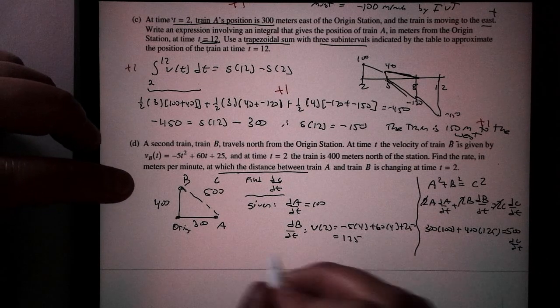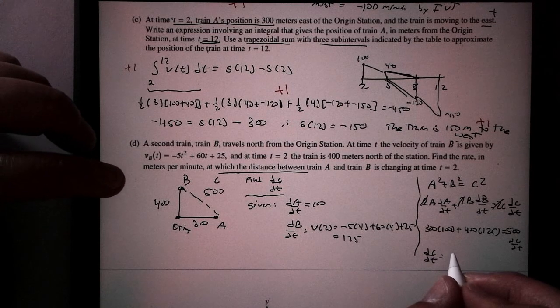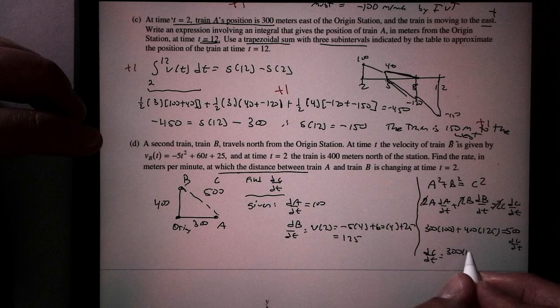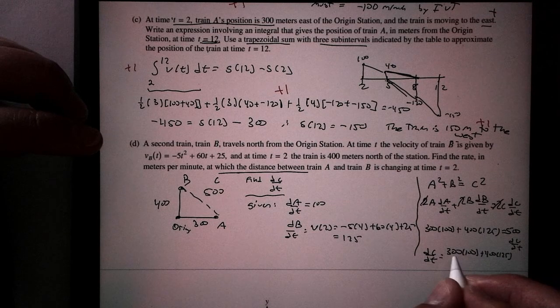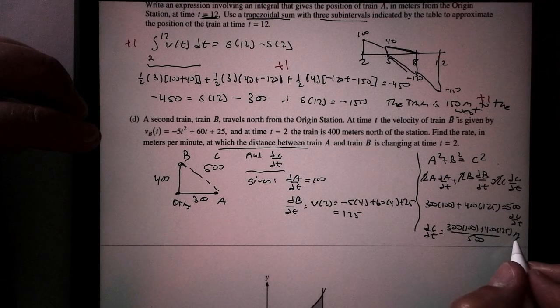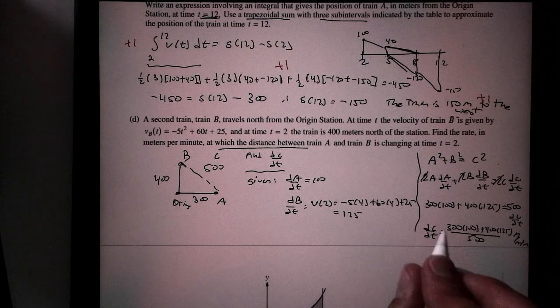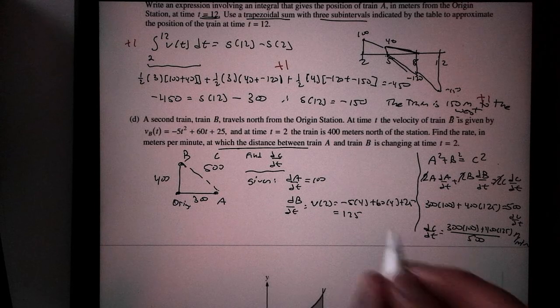And if I solve for dC/dt, we would get the following. Don't ever simplify. 300 times 100 plus 400 times 125 over 500, and that's going to be meters per minute right there. Don't ever simplify that. Just leave it alone. And if you do, that's like 160, I think it is.